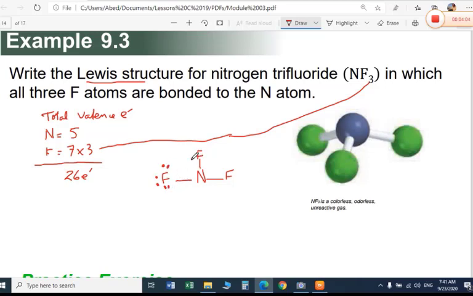Similarly here, six electrons outside and 2 electrons in the bond, so the total is 8. In this other fluorine also, 6 electrons outside and 2 electrons in the bond. For the nitrogen we see here 2, 4, 6 electrons in the bonds and 2 electrons outside, so the total will be 8. So each atom gets 8 electrons, the octet rule is fulfilled.